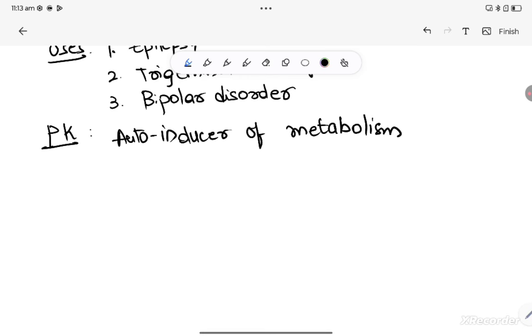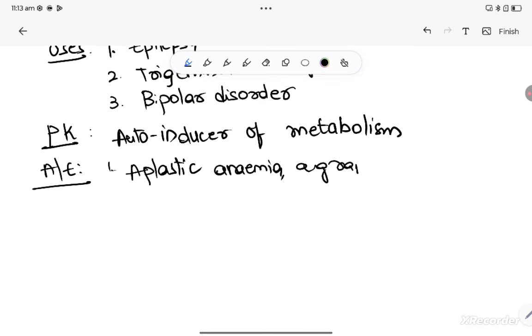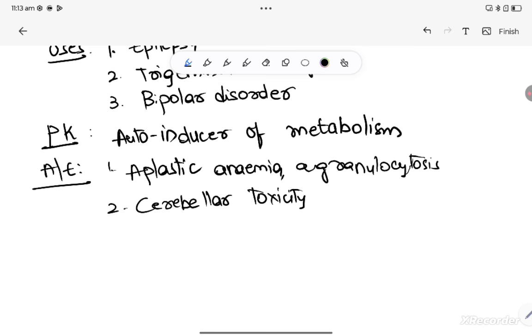Now, with respect to adverse effects, the most important adverse effect is it causes aplastic anemia and agranulocytosis. It is known to cause cerebellar toxicities, so nystagmus, ataxia and all can be seen.